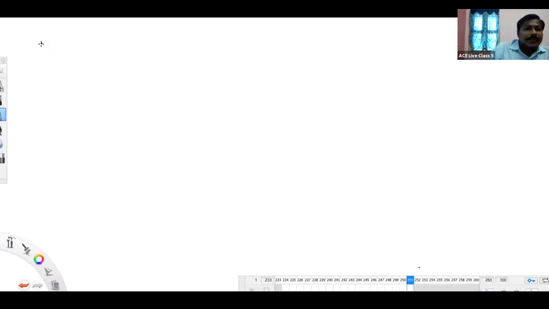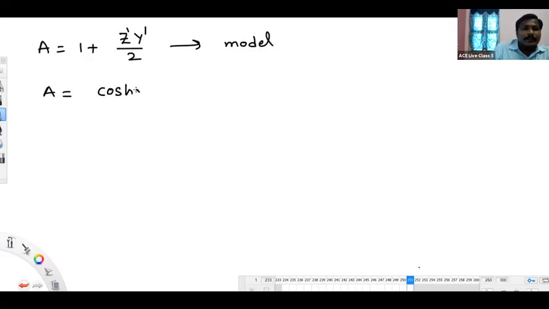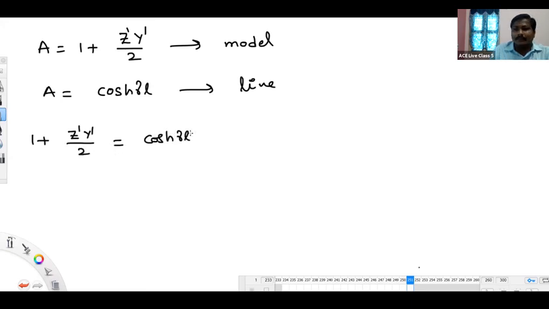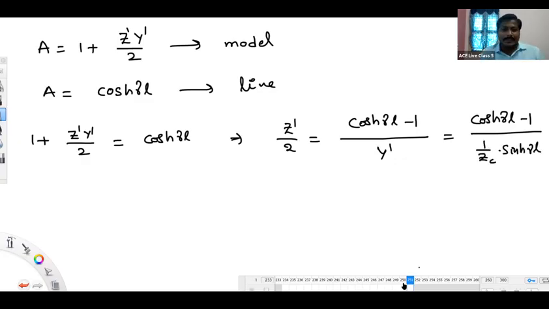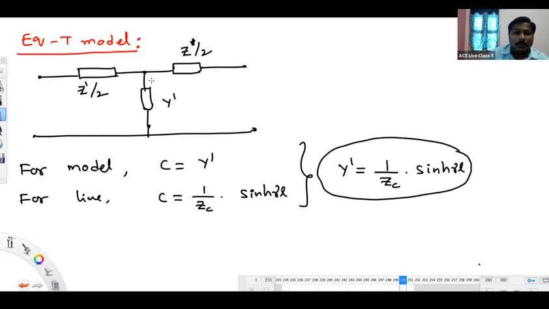So parameter A for the model is 1 plus Z dash Y dash by 2, whereas for the line, parameter A is cosh gamma L. Match these two: 1 plus Z dash Y dash by 2 equals cosh gamma L. From this, you can get Z dash by 2 as cosh gamma L minus 1 by Y dash, where Y dash is 1 by ZC sinh gamma L. Like this, you have to calculate the values of Y dash and Z dash by 2.